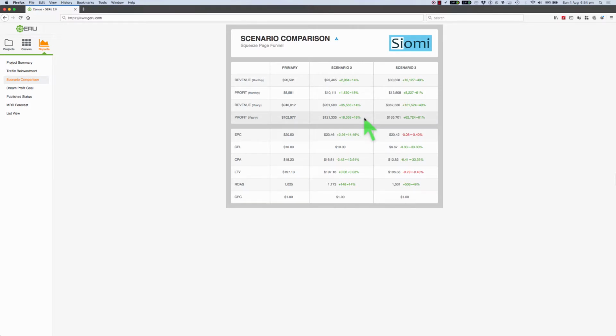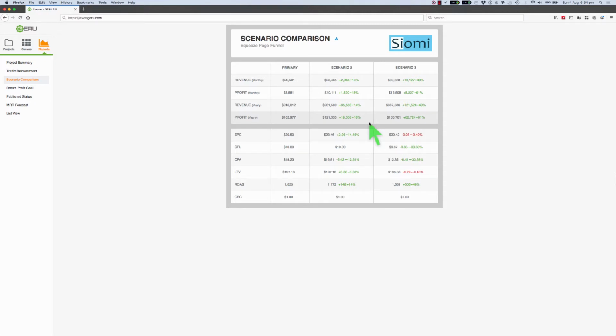Scenario 3 was where we looked at improving the quality of our initial audience, so perhaps directing it not just to all of Facebook, but being a bit careful about where we place those ads so that we're getting better value for money for the cost per click. And as you can see, that made a big difference, 61%, based on the assumptions, obviously, but for the effort, it's probably worth doing both of these things.